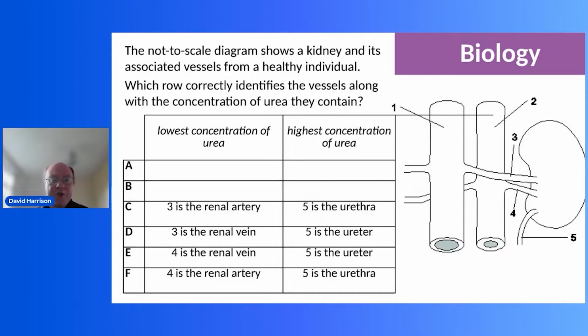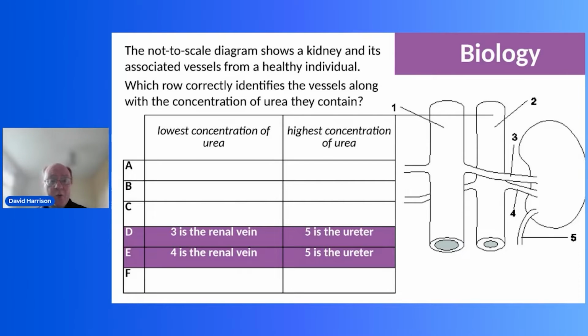Hopefully you'll know that it's the ureter that goes from the kidney to the bladder, and it's the urethra that comes from the bladder and allows for the expulsion of urine. So number 5 must be the ureter in this example. So we've now got it down from 6 options to just 2 options. One of them must be the correct answer.